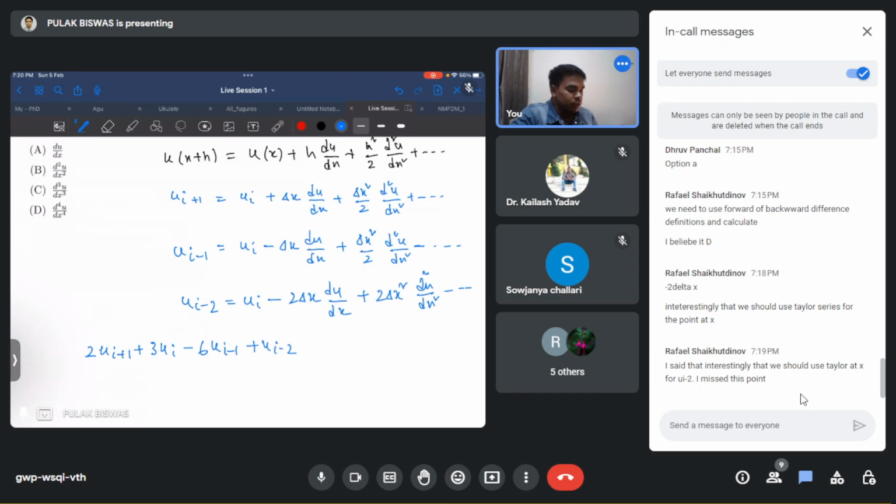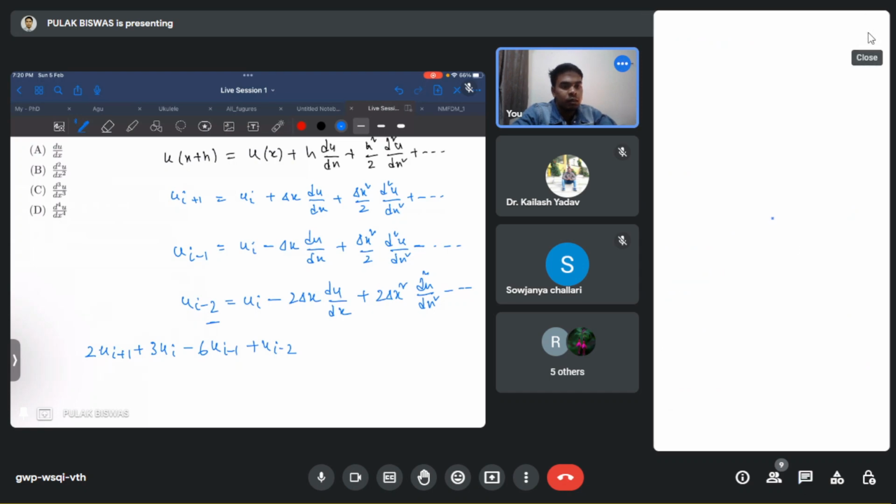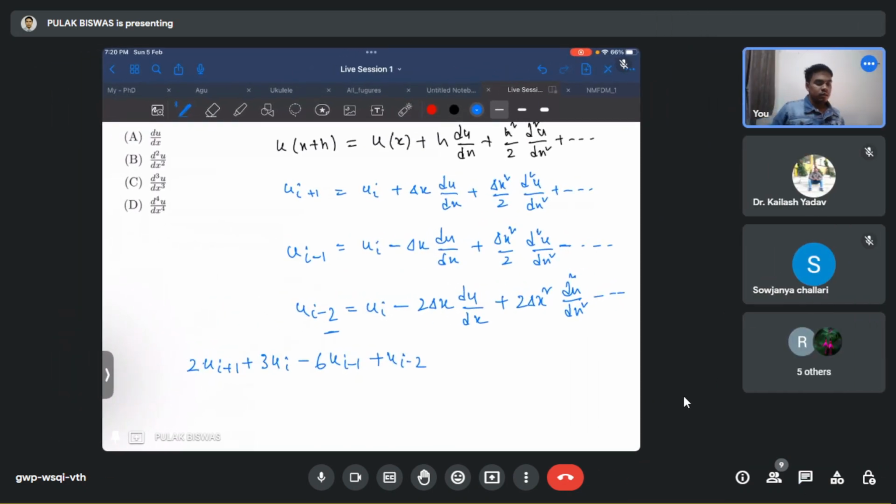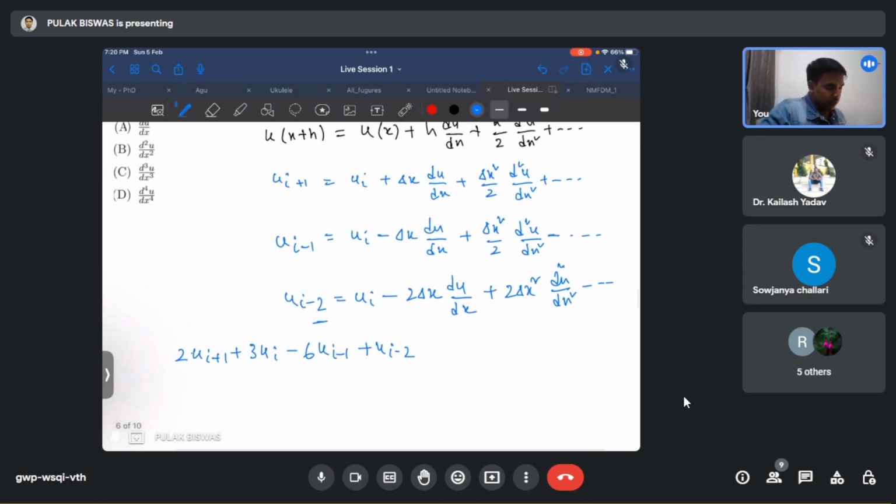Here only the increment is there, and the rest will be expressed around the x point. That is why, I guess.